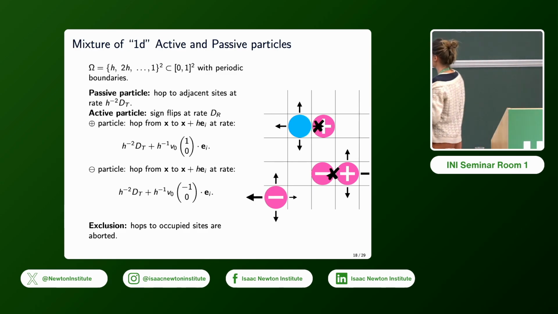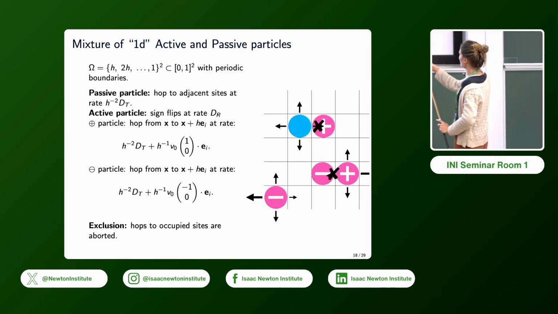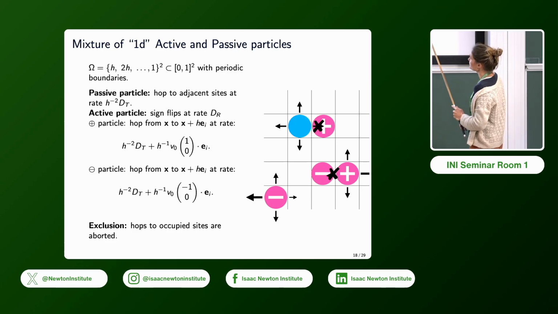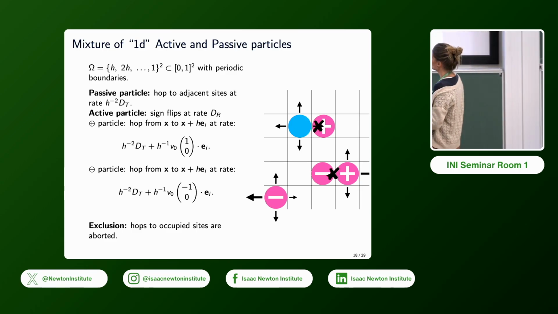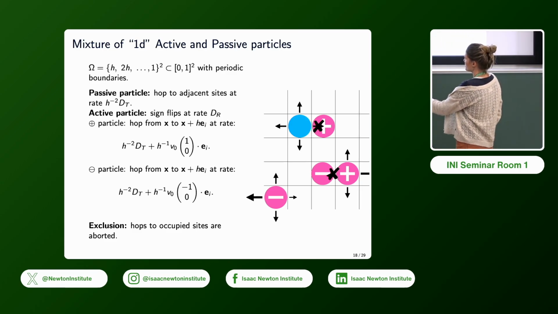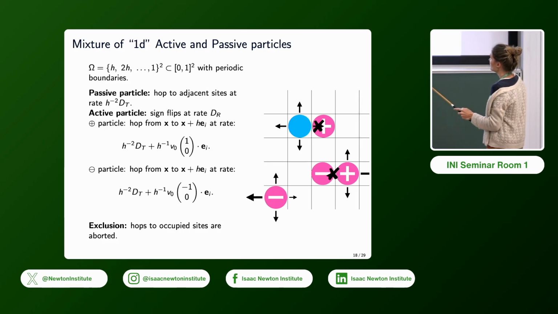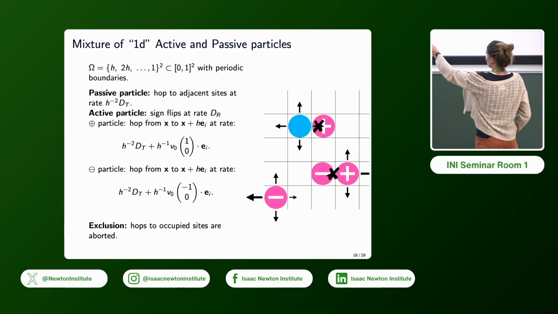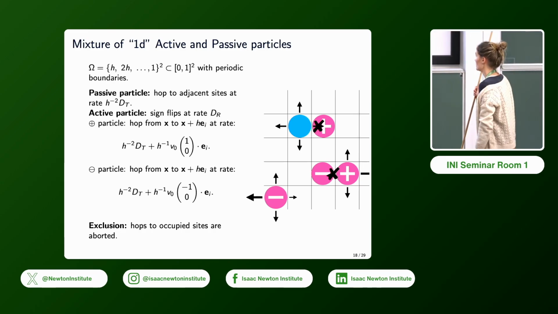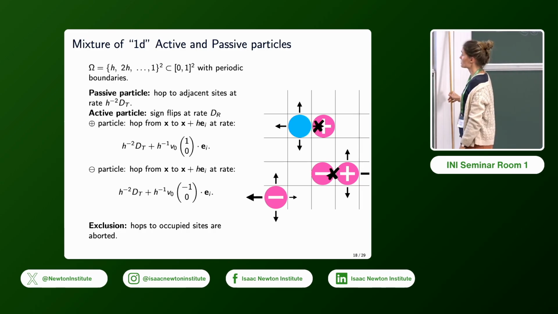And so the active particles are now just like plus or minuses, where they have slightly asymmetric rates, either left or right, whereas the passive particles are just doing the simple symmetric exclusion process.